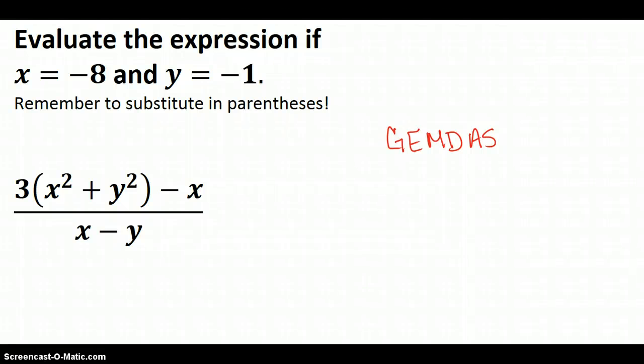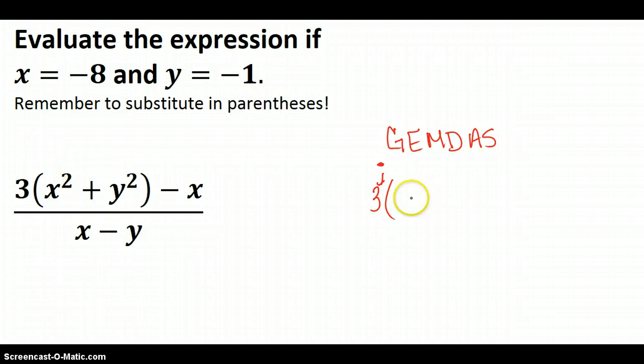I'm going to come over here really quickly, and I'm actually going to do this problem wrong, just so that you can see why we substitute in parentheses. The first part, I'm just going to do the top here, and I do 3 open parentheses. Remember that when there's nothing in between, that means multiplication. Okay, x squared.